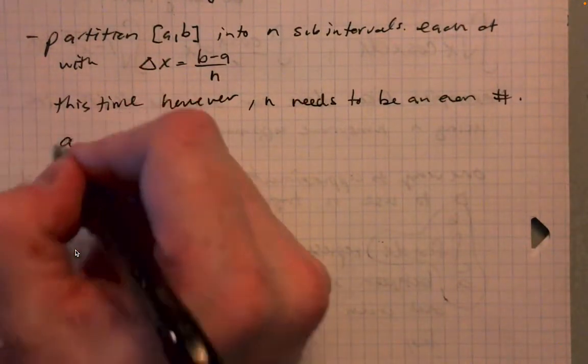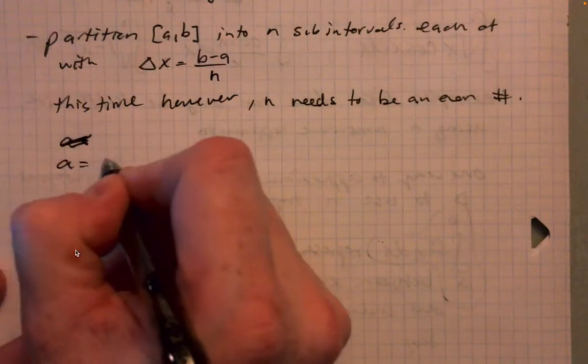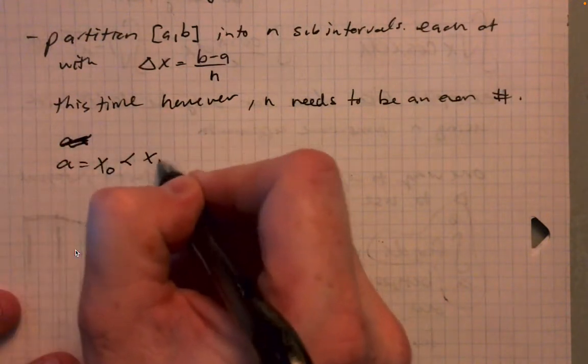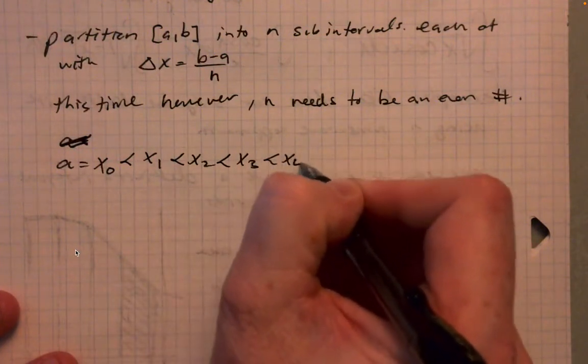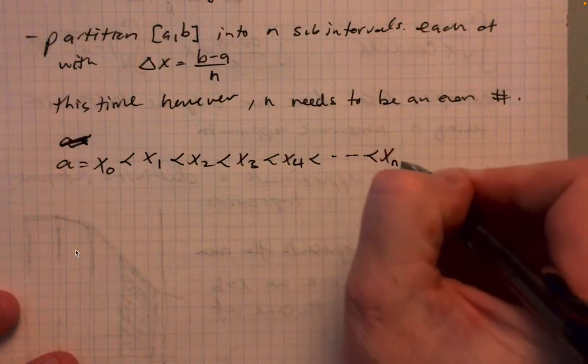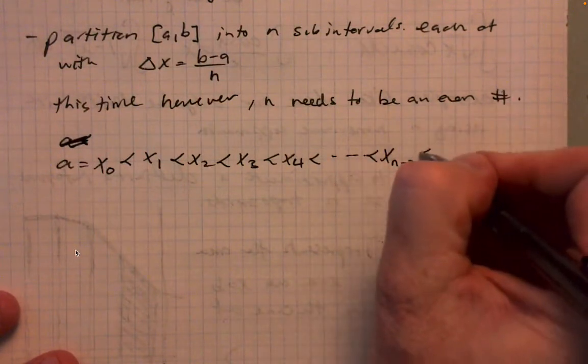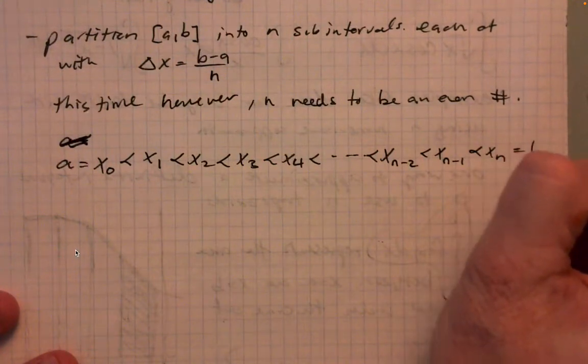Okay, n needs to be an even number, right? And the partition would look like this: a equals x0 less than x1 less than x2 less than x3 less than x4 less than ... less than xn minus 2 less than xn minus 1 less than xn equals b.